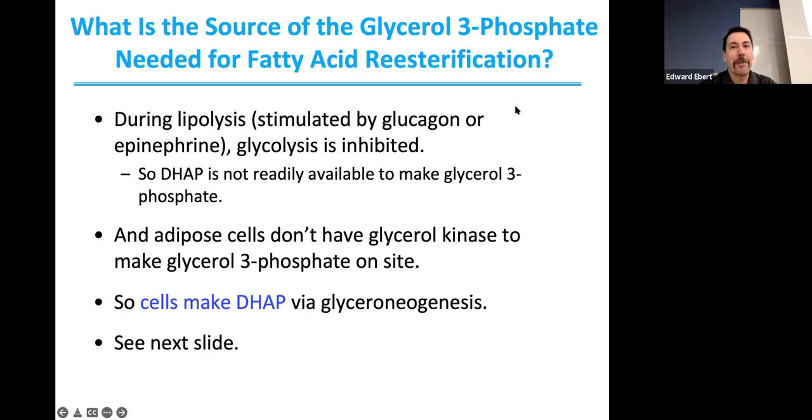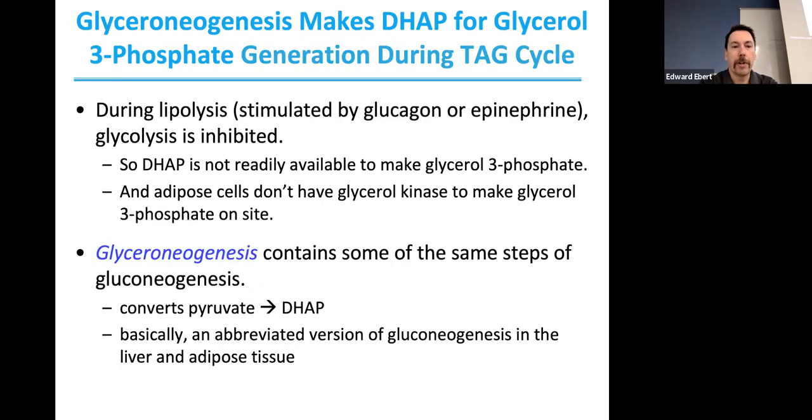But our glycerol 3-phosphate, that is critical for TAG synthesis or phospholipid synthesis, comes from DHAP from gluconeogenesis. All right. So we can really call this glyceroneogenesis as well. Just instead of making glucose, we just take a little side road to make our glycerol 3-phosphate instead.